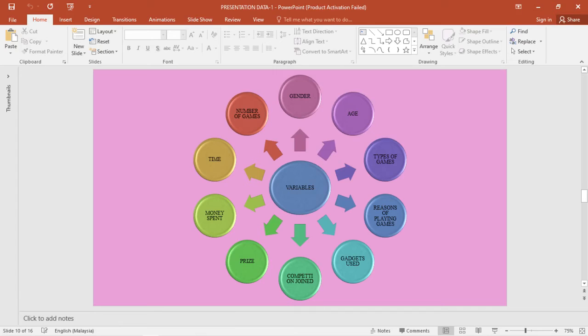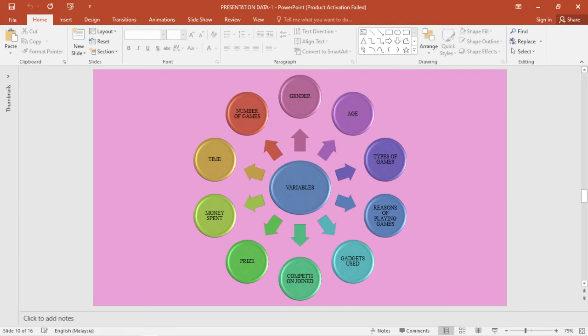Actually, there are 10 variables chosen for the survey. The first variable is gender, second, age, third, types of games, fourth, reasons for playing games, fifth, gadgets used, sixth, competition joined, seventh, price, eighth, money spent, ninth, time, and the last variable that we used is number of games.